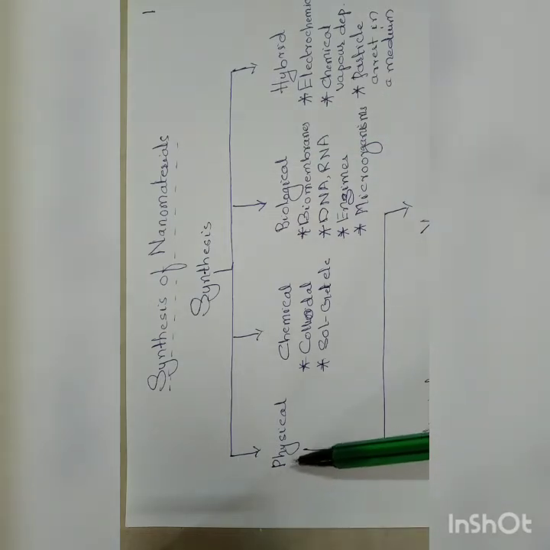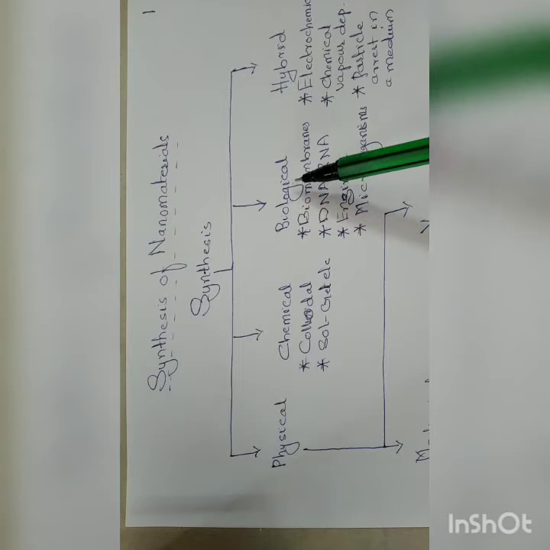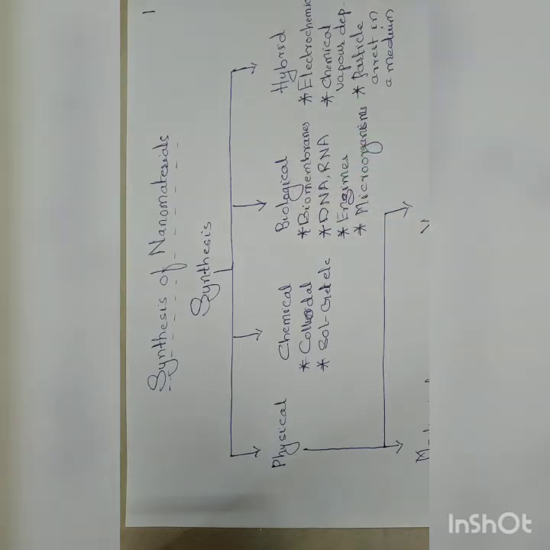The first is the physical methods of synthesis of nanomaterials. Second, chemical methods of making nanomaterials. Then we have biological methods of making nanomaterials. Then finally we have hybrid methods, wherein we can combine some of these techniques to make nanomaterials of a particular kind.